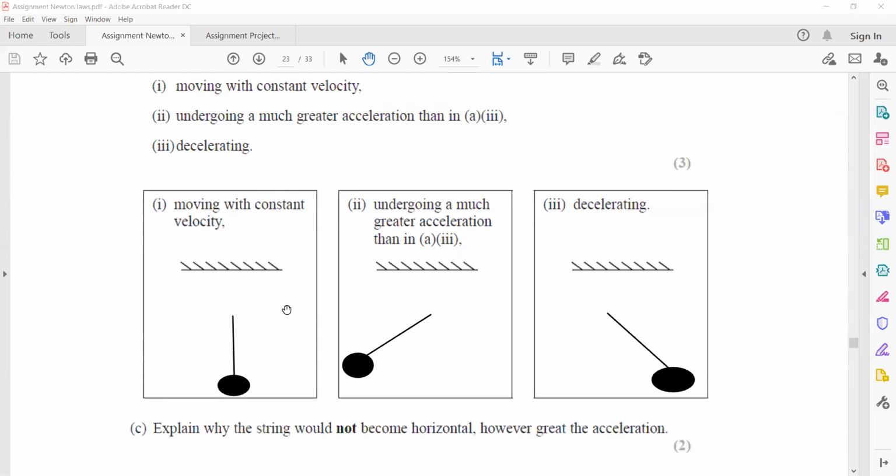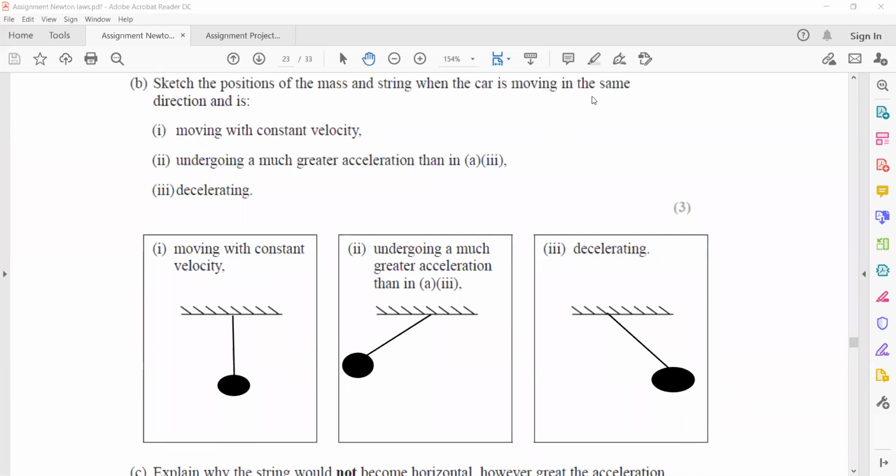The next part: why would the string not become horizontal? In any case, why is the string not exactly horizontal like this? What is the reason? Because it is always making a certain angle with the vertical, since there is a weight acting.